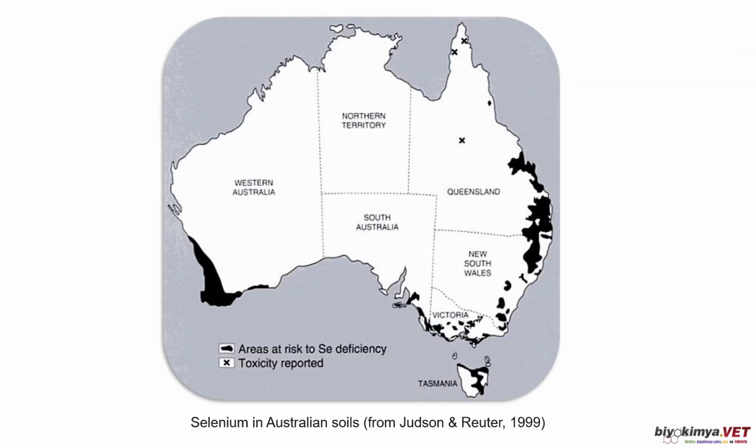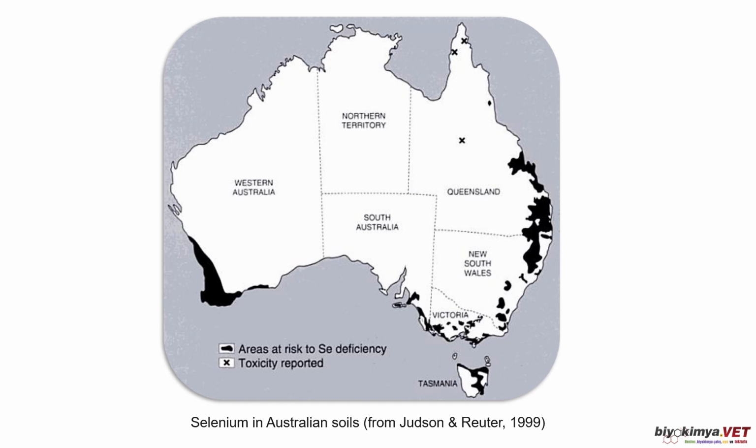And here is a figure, a map of Australia and also Tasmania, which I took from an article published by Judson and Reuter in 1999, titled Selenium in Australian Soils. It is recognized that mineral deficiencies or excesses are concentrated in specific areas and are directly related to soil structures.